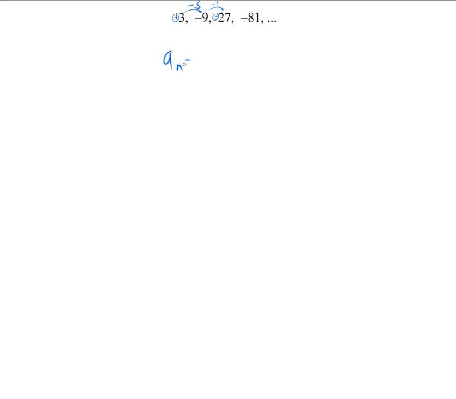Okay, so in this case here, I'm going to start off with a notation. So a sub n is equal to -3 times a sub n minus 1, and that's my answer if a sub 1 is equal to 3. And that is my final answer for that.